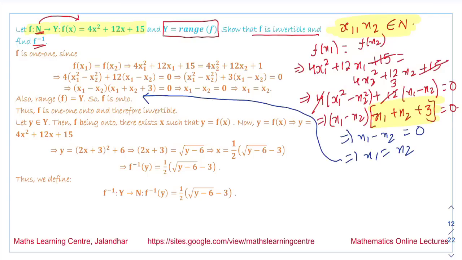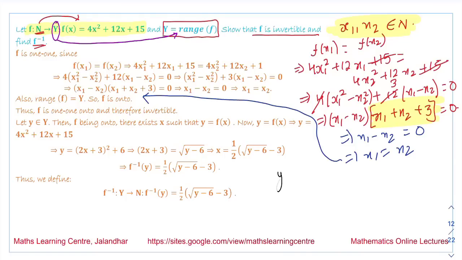Next, it is already given in this question that the codomain of this function, this Y we are talking about, is equal to the range of the given function. So it means this function is an onto function, and as it is both one-one and onto, it is an invertible function. Now we have to find the inverse of this function.